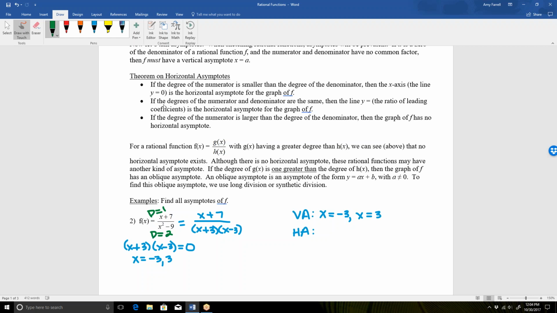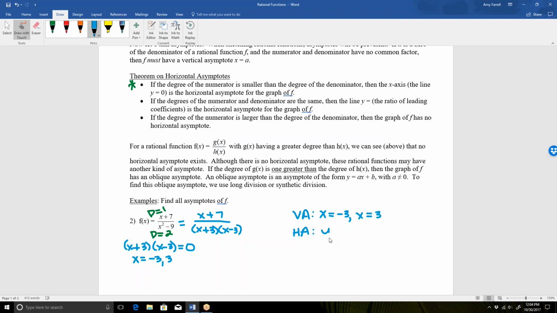So we're looking at when the degree, so this is the case we're looking at right here, because the degree of the numerator is smaller than the degree of the denominator. That means that the x-axis, or in other words, y equals 0, is going to be the horizontal asymptote for our graph.